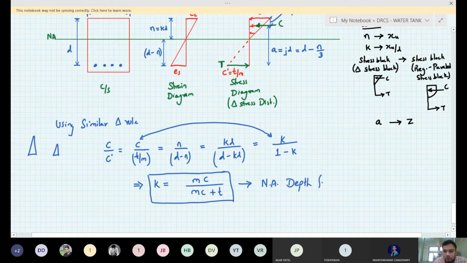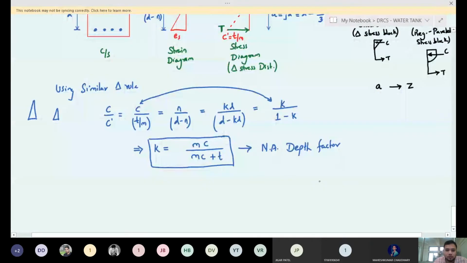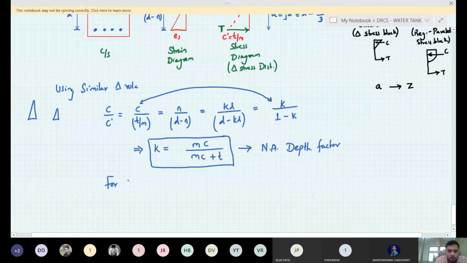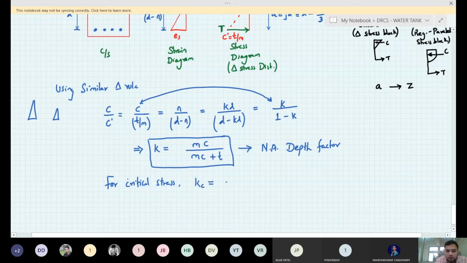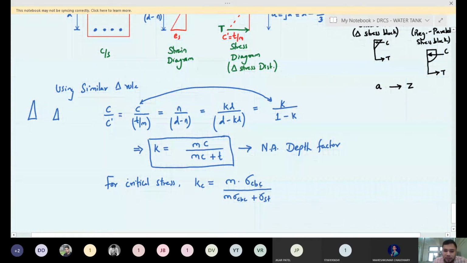Now for the critical stress, the value of Kc is equal to M times the permissible stress in concrete, that is sigma CBC, the permissible bending compressive stress in concrete, upon M sigma CBC plus sigma ST. That is the permissible tensile stress in steel.